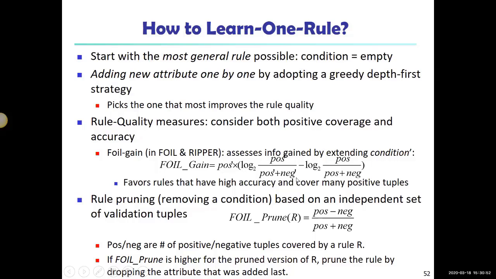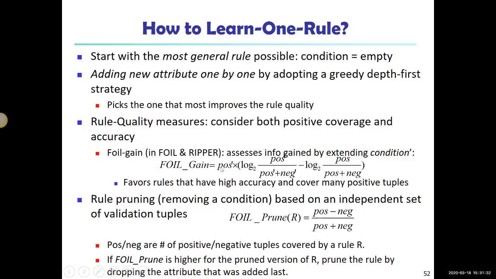What does this formula tell us? If you look at this, this is the initial rule. This is the rule with an added condition, so the prime is the new one. And we compare. If you look at this part, this is the accuracy: all the tuples covered and correctly covered. So pos is positive. Neg is those tuples that are not of this class but are being covered. So this is accuracy. We want the new rule's accuracy to be greater than the old one.